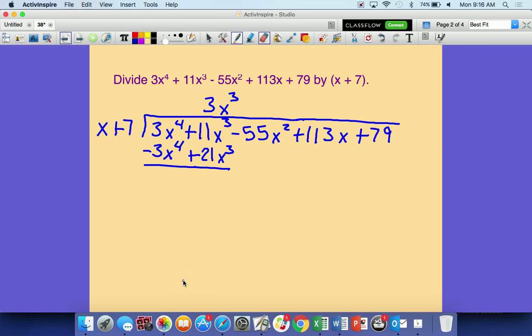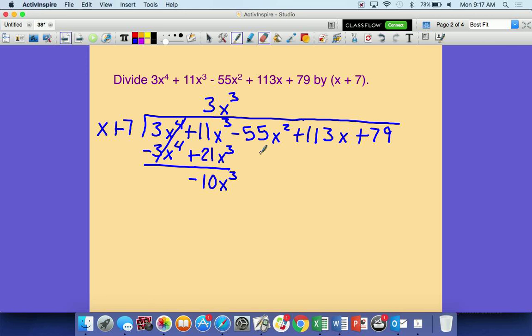Now realize, just like in long division of regular numbers, we have to subtract these. So instead of just having this minus for just this one part, it's going to be for the whole thing. So I've got 3x to the fourth minus 3x to the fourth. That gives me a 0. 11x cubed minus 21x cubed gives me a negative 10x cubed.